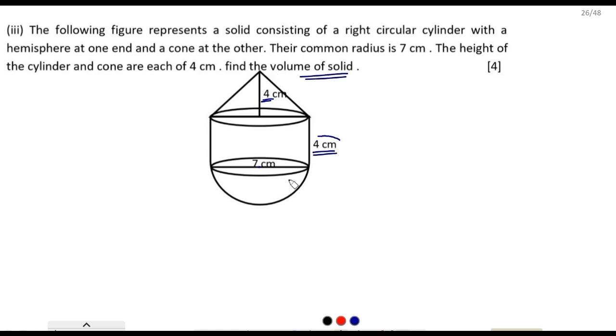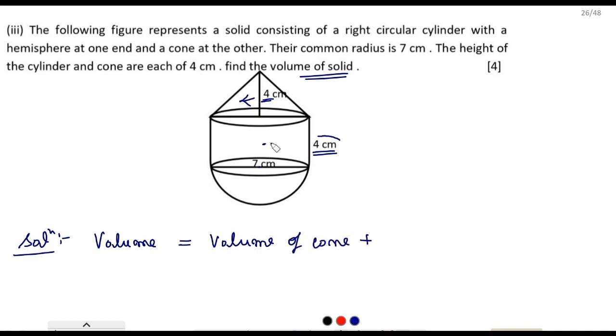This solid is made by combining three figures, so its volume will be equal to the sum of the three figures. On top is the cone, so volume of cone plus volume of cylinder plus volume of hemisphere.